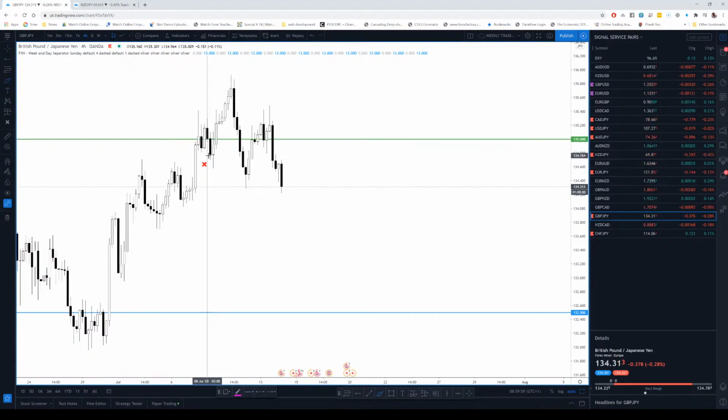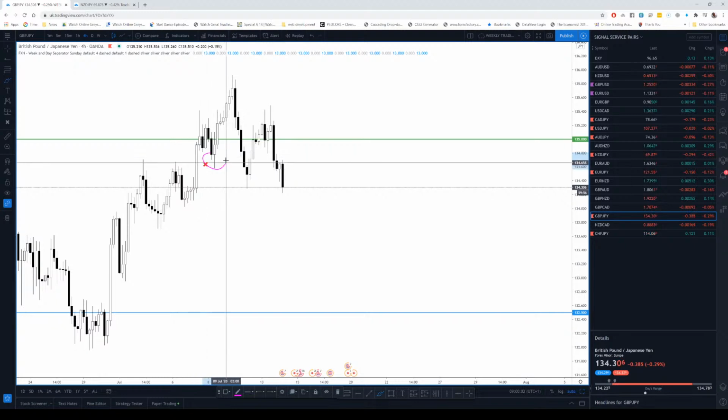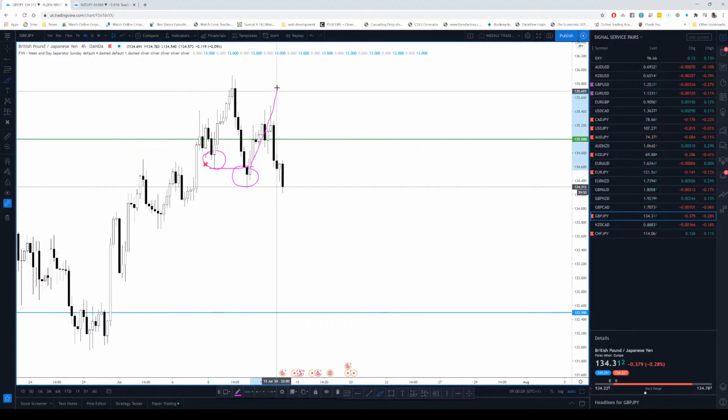We have a low, we were making highs, and we made a low, and we made a lower low. Okay, I was considering this as a run on stop for a continuation to the upside. However, we made a lower high and now we've broken this low, so this means that there is bearishness.